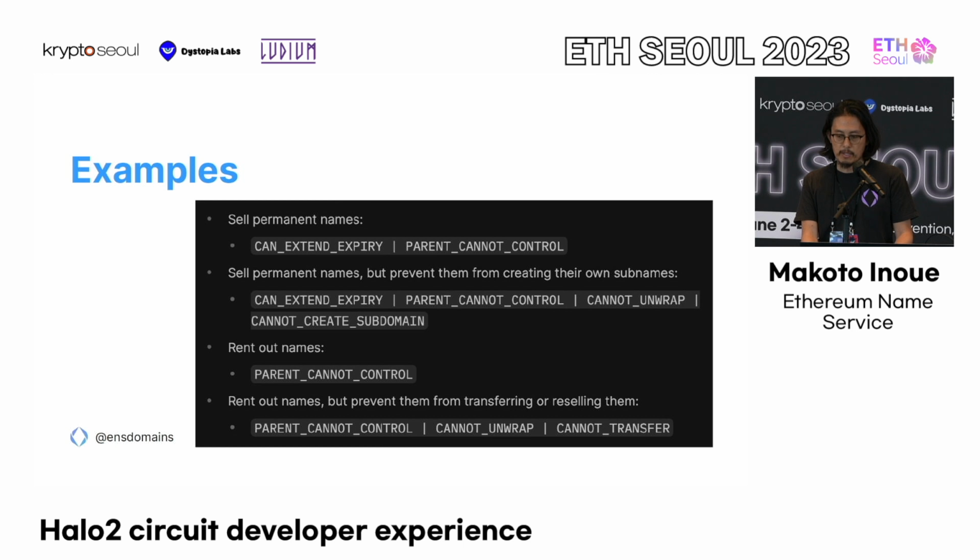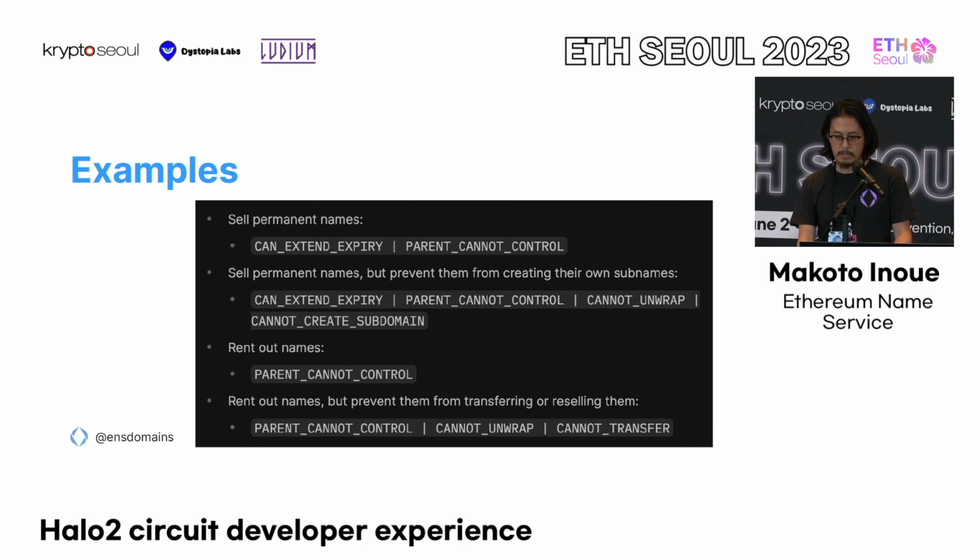If you can extend expiry and the parent cannot control, by binding these two, it allows you to sell permanent root names. And if you burn these four: can extend expiry, parent cannot control, cannot unwrap, and cannot create subdomains, then you can sell permanent names but prevent them from creating their own subnames, if you want a limited issuance of subdomains.